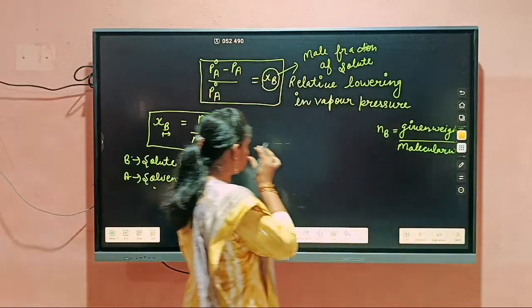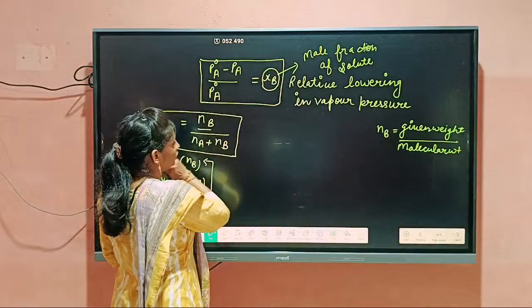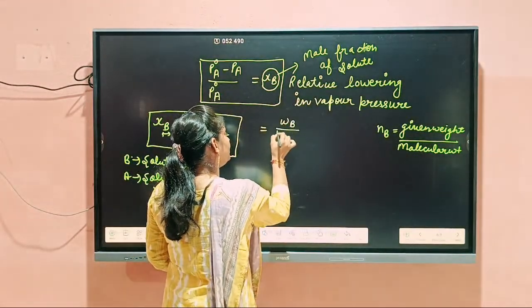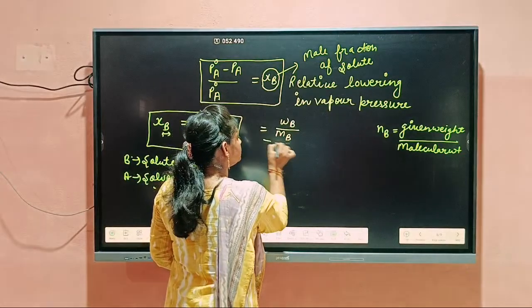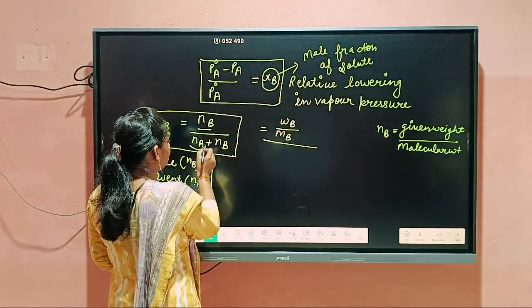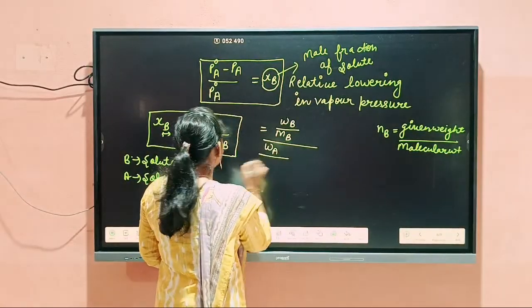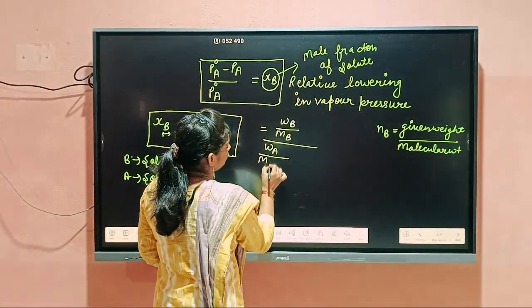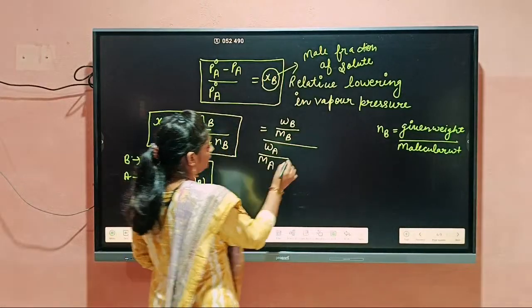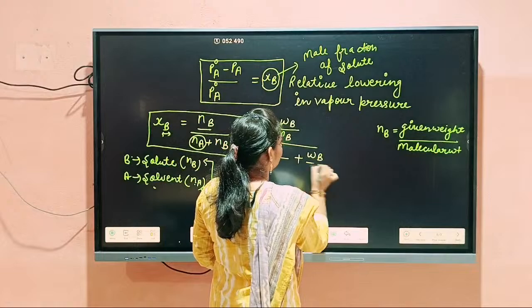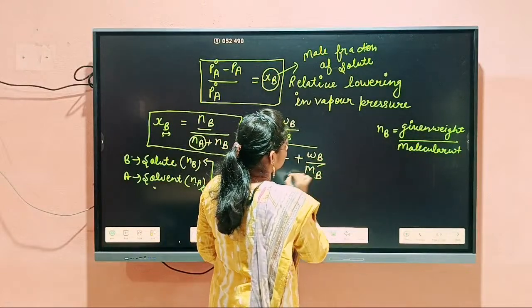So let us consider the given weight of the solute is WB and its molecular weight is MB. So put the value now. NA is given weight of solvent by molecular weight of the solvent plus given weight of solute by molecular weight of the solute.